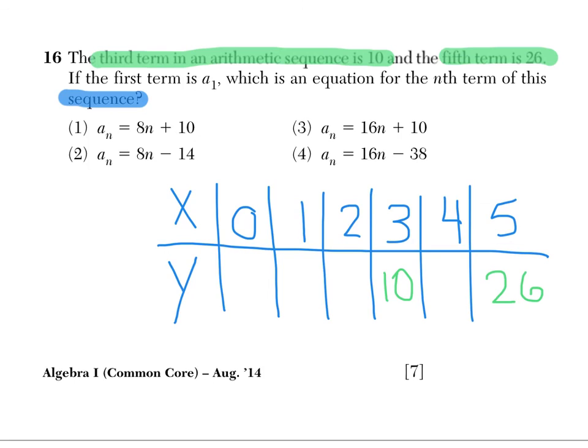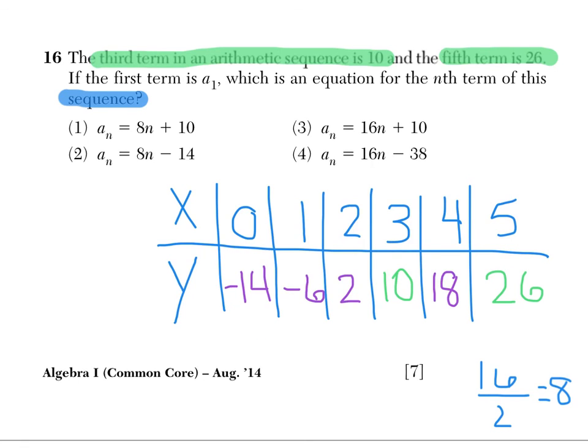Well, figure out how far it is from 10 to 26. That's 16, and just cut it in half. Therefore, we are adding 8 every time. Our missing value for 4 would be 18, because 10 plus 8 is 18, and 18 plus another 8 would be 26. So let's work backwards in the table by subtracting 8 every single time.